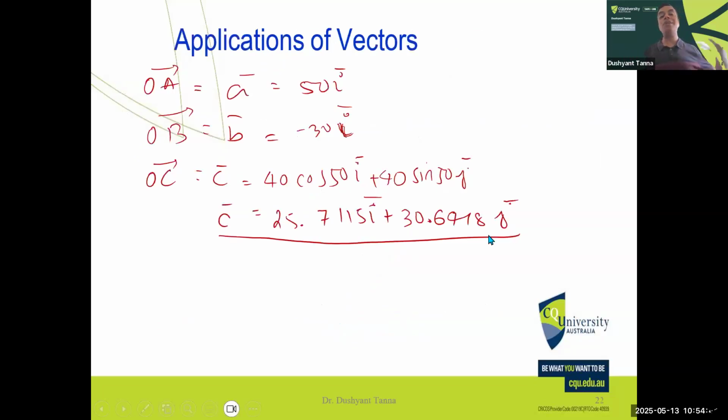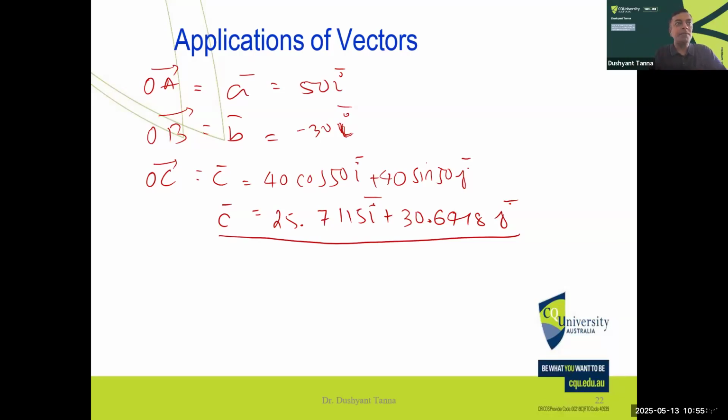You are truncating it a lot earlier than the final answer. So what will happen? It gets propagated as you move along, right? So if you're using C and C squared and angle, then it's really getting bigger and bigger. So keep at least 4 or 5 decimals now. And when it comes to the final answer, it will be fine if you are keeping it to 1 decimal because that's what the question is asking.